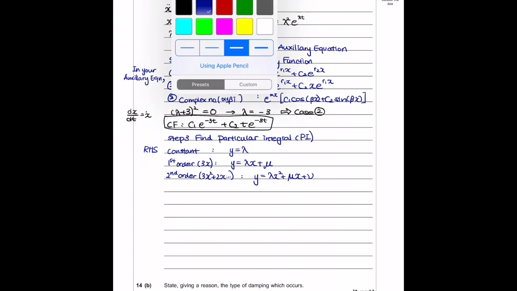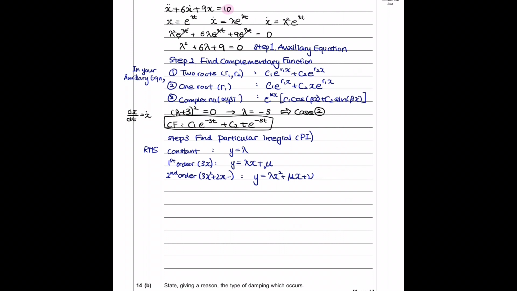Now we have 10 on the right-hand side, if you go back to the first line up here. Therefore our PI should have the form of just a constant. So substitute y equals lambda. What would be our first order derivative? It's going to be 0. And the second order derivative should also be 0, because the derivative of a constant is just 0. So now we have the form of the PI.